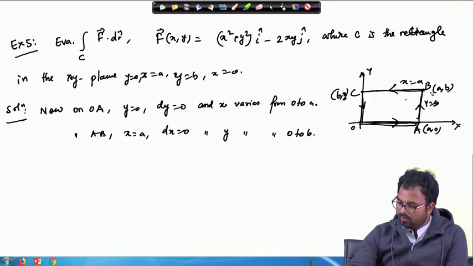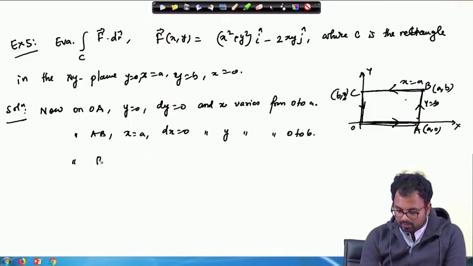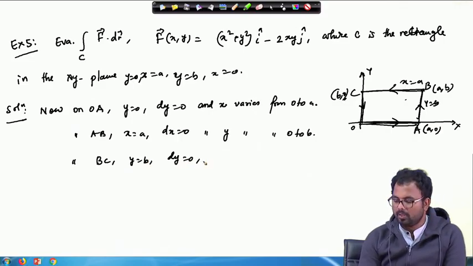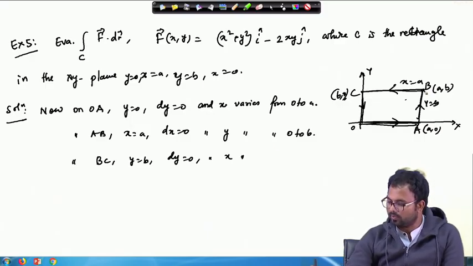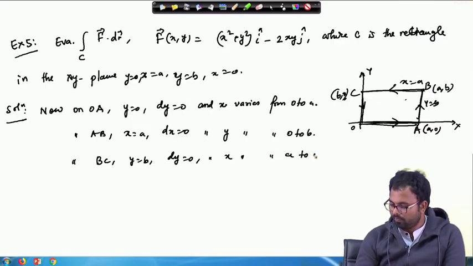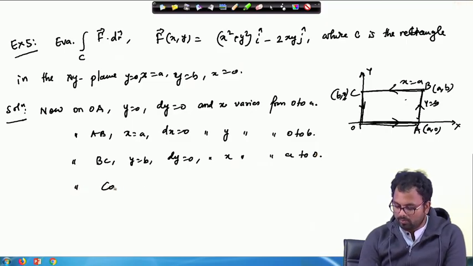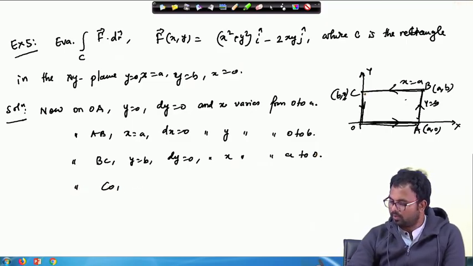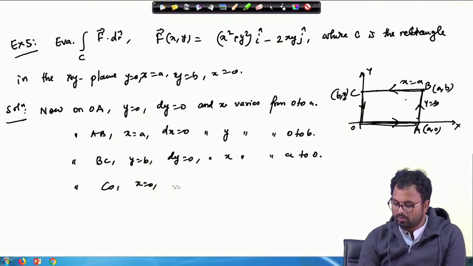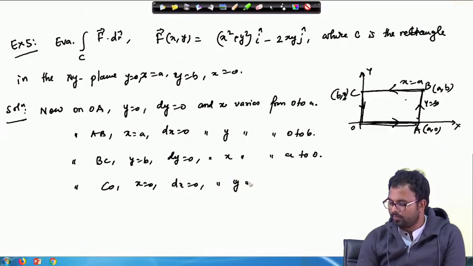Now, on BC we have y equals b and therefore, dy will be 0 and x varies from a to 0. And on CO, x is 0. So, basically dx is 0 and y varies from b to 0.